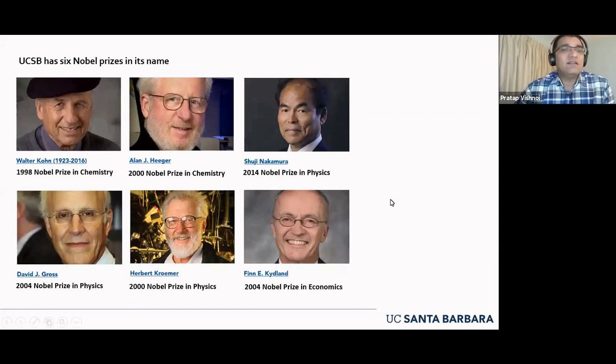The first one comes in chemistry in 1998 to Professor Walter Kohn, who discovered a famous tool called DFT, density functional theory, that is used by chemists, physicists and material scientists for predicting properties of materials which are not existing, or they're existing but the properties are not known, and others used to predict structures for the materials which are not known, or the materials are existing but we don't know the structure, how they are composed.